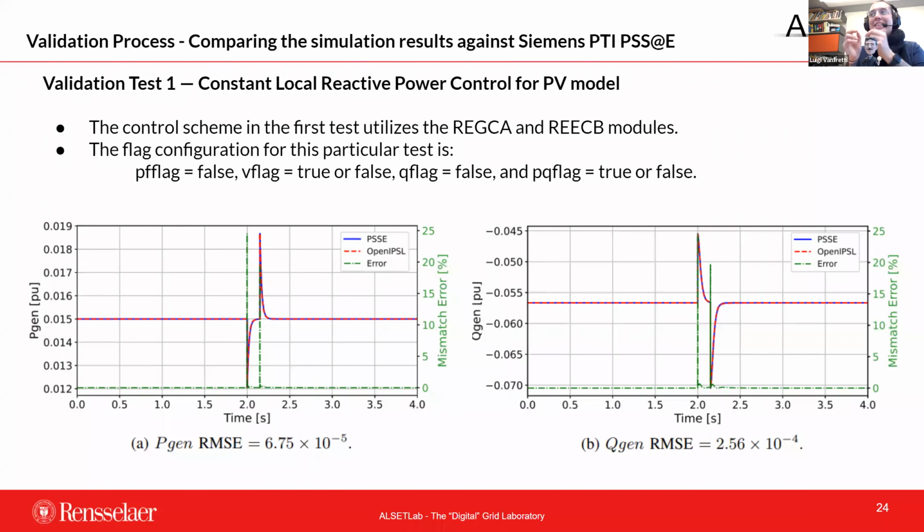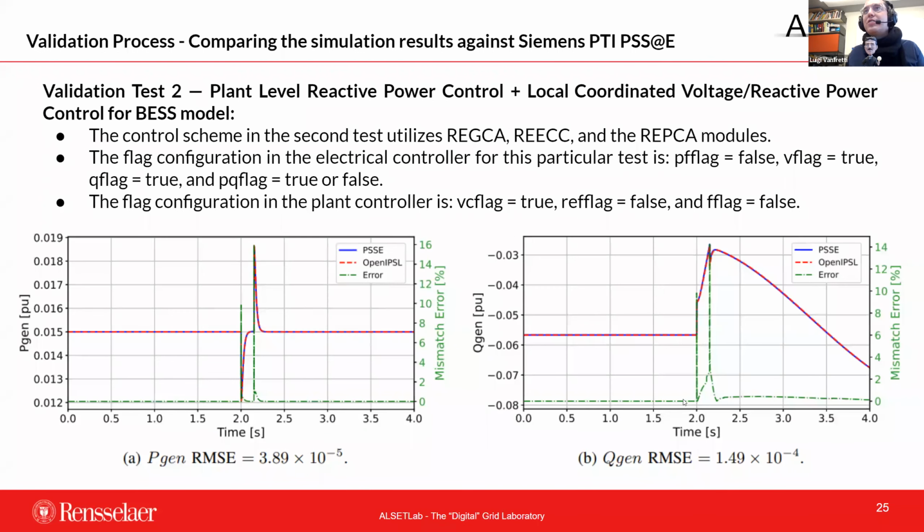But this is a one-to-one match if you look at the dynamic performance when we do these experiments. So this is what we calculate, the root mean square error across the simulation. And this is below the numerical accuracy of 10 to the minus 3. So we have 10 to the minus 5 and 10 to the minus 4. Most of the errors are during this instance of the fault, really, and they're basically numerical garbage.